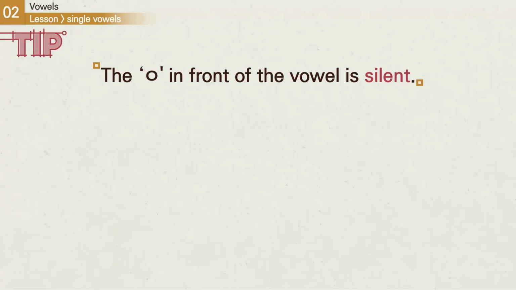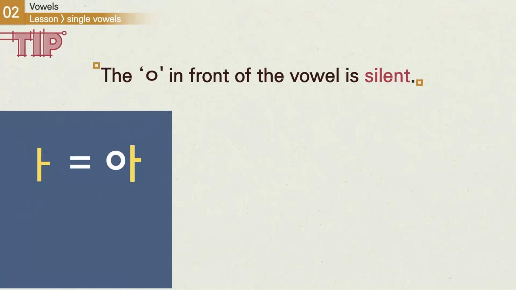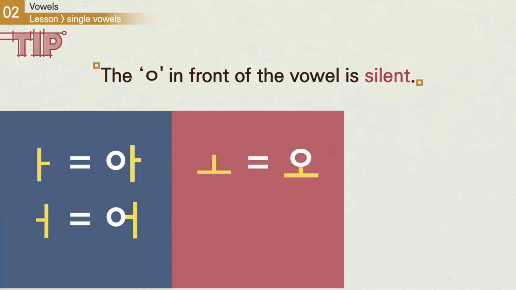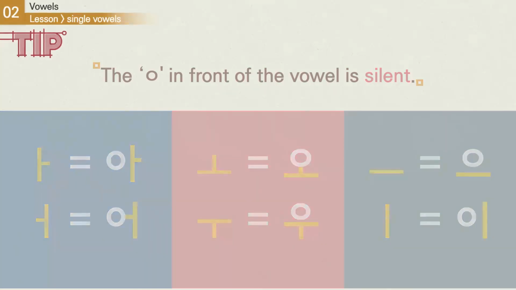You may have noticed that we were not including the silent O character with the vowels before. Since it is silent, A sounds the same as A. O sounds just like O. U sounds like O. U sounds like U. And lastly, E sounds like E. The ing is put in different places depending on the vowel.